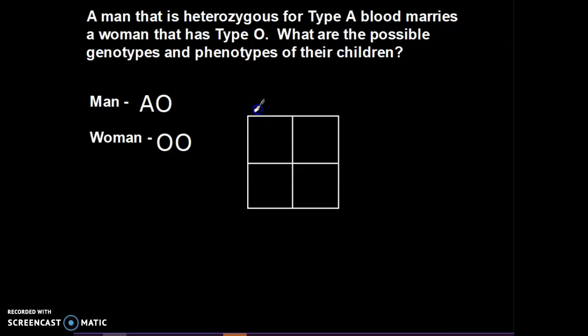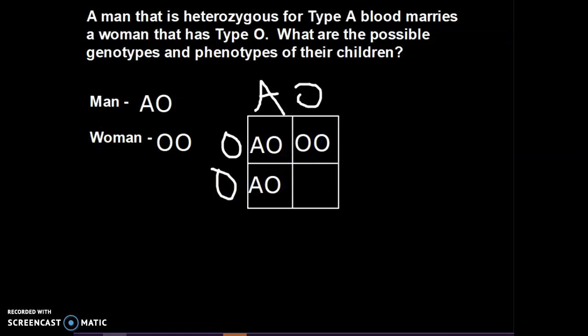Okay, so then if I put these here, A, O, O, O, you're going to end up with two options, AO, AO, OO, and OO. So the question says, what are the possible genotypes and phenotypes of their children?